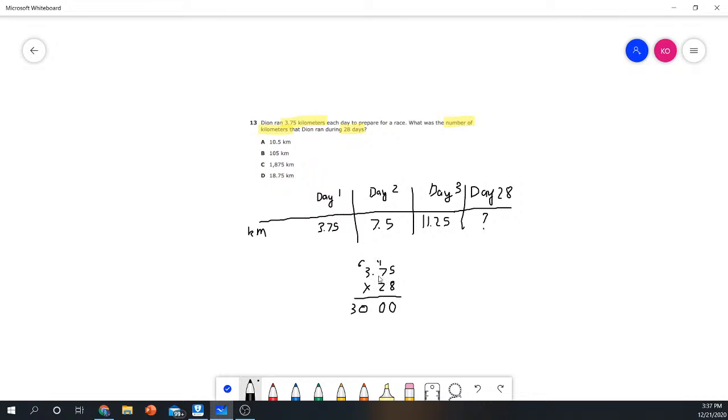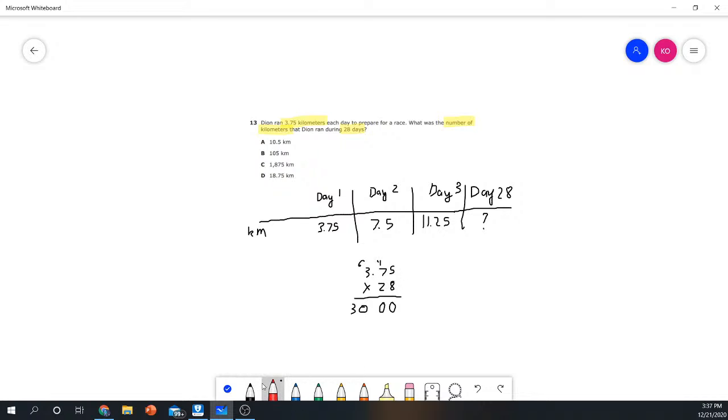So next what we're going to have to do is put the decimal over here. 3.75 has the decimal after 2 decimal places.